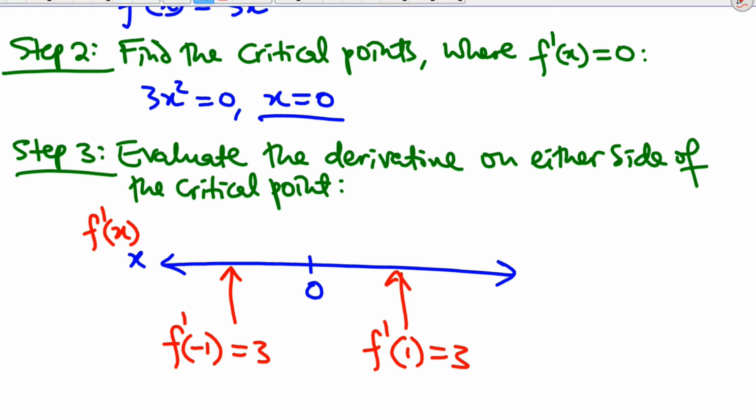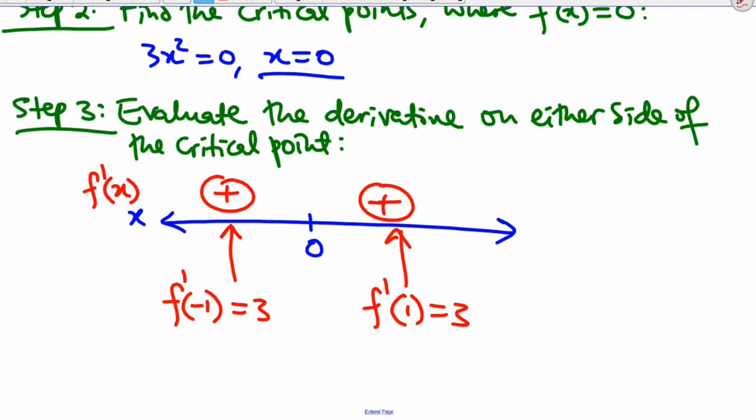And we said, well, here it's positive and here it's positive. So what does this imply? It means that at x equals 0, this function does not change sign. So this function has no local maximum or minimum. Okay, so we can just go ahead and write this conclusion.